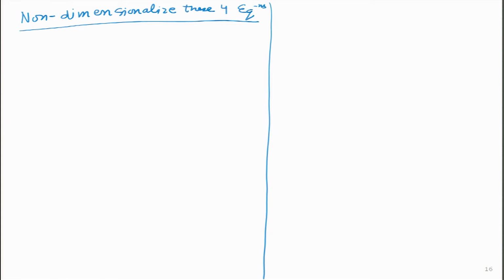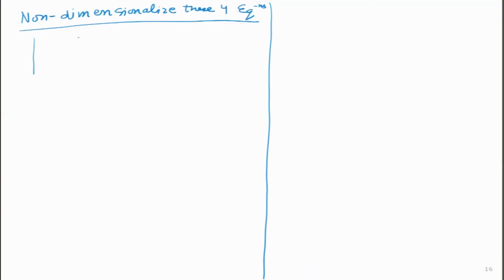So what does non-dimensionalizing mean? So any parameter which has a particular unit, I want to put it in terms of a fraction. For instance, if I know that spatial dimension is x, in this particular case I will draw it over here. So this is my plane wall, and here x is defined in this particular direction.